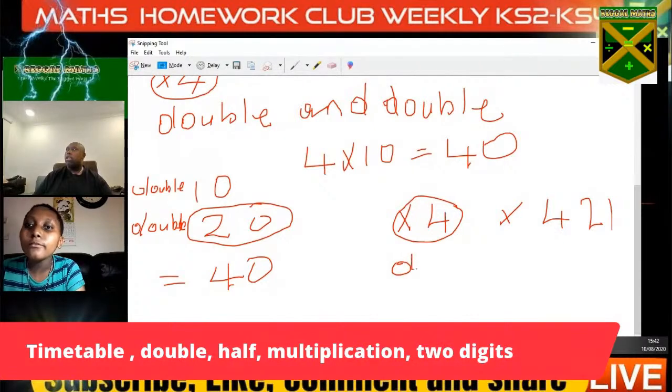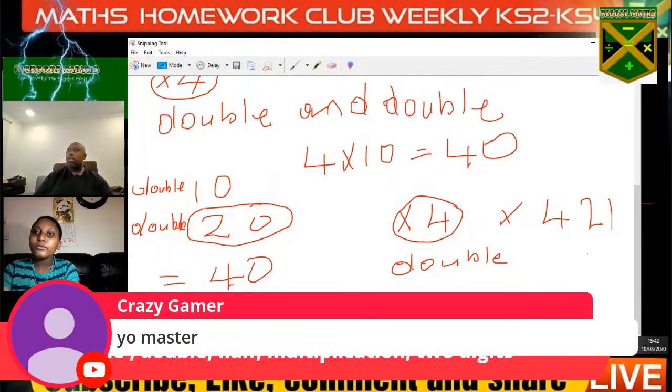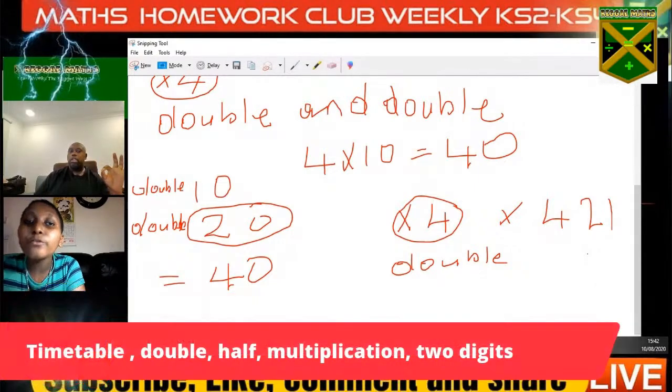All we're thinking about is doubling the number and doubling again. So let's double 1. If I double 1, what do I get? What's 1 plus 1? 2. Double 2, you get 4.